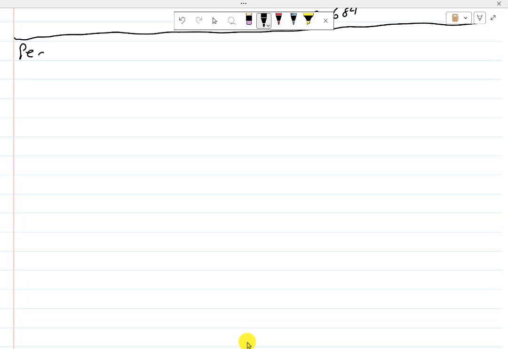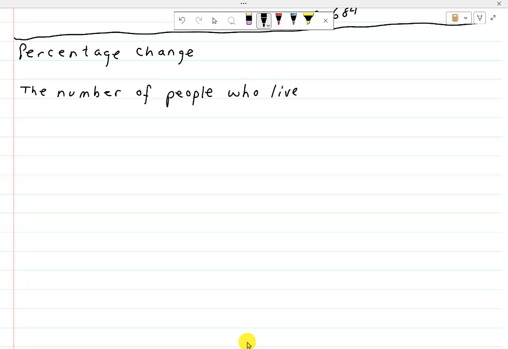The next topic is percentage change. So as an example, we would say the number of people who live in a certain town increased from 10,000 to 15,000 people.